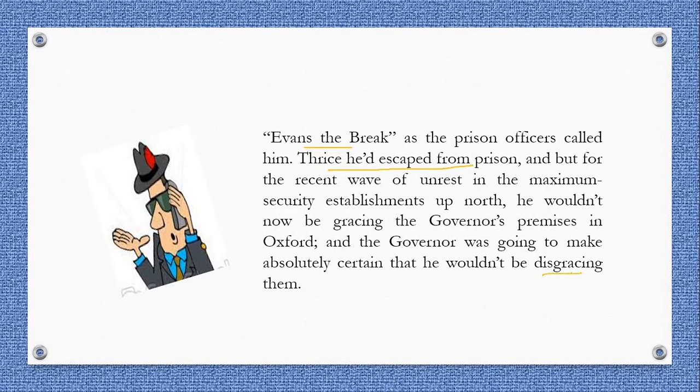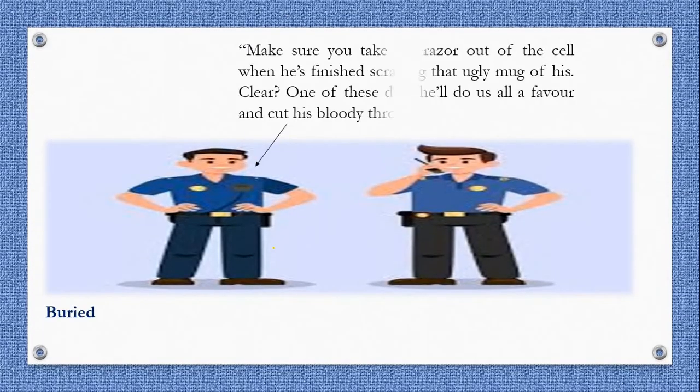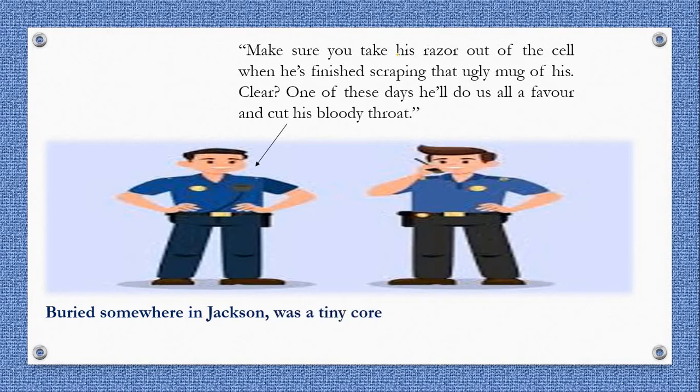Jackson and Stevens checked the cell thoroughly. They had taken away his nail scissors earlier, and Jackson ordered Stevens to take any other weapon or any other sharp tool that he had with him. Stevens was also asked to take away Evans' razor blade as soon as he had shaved.